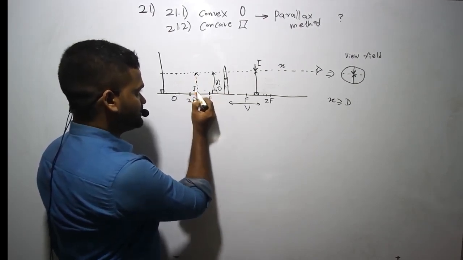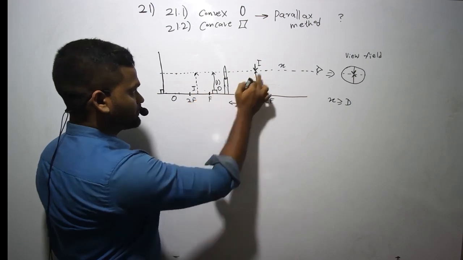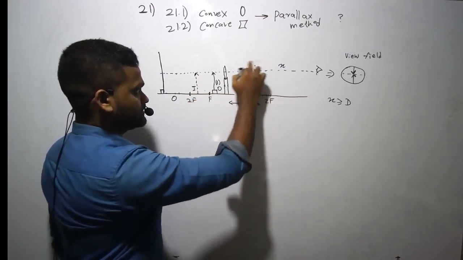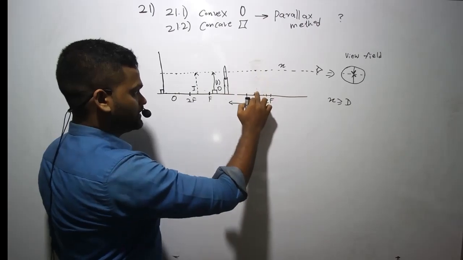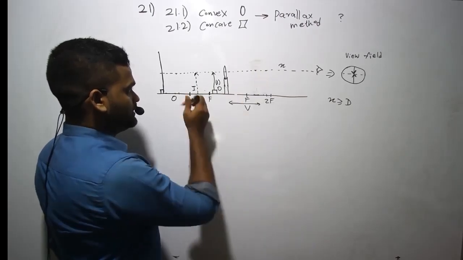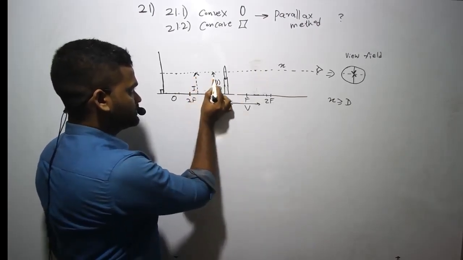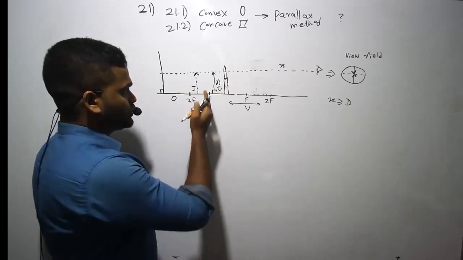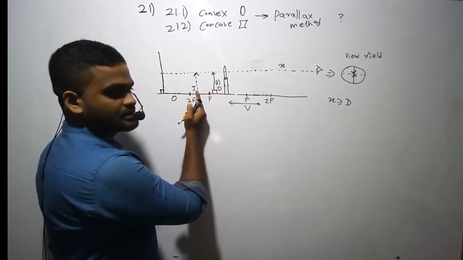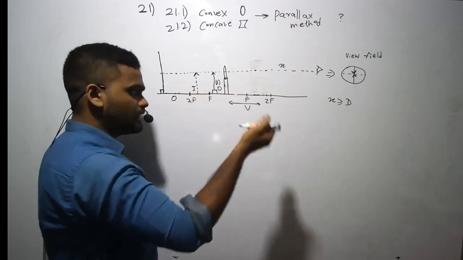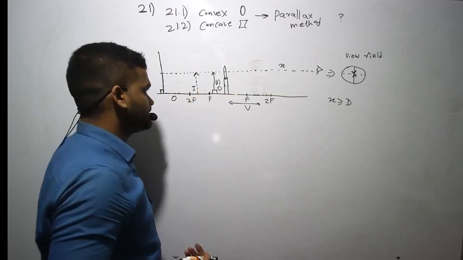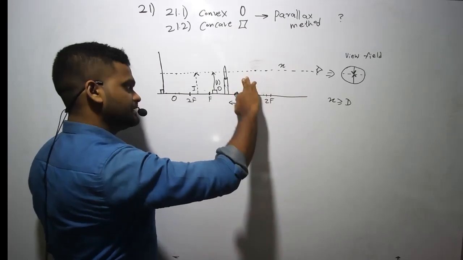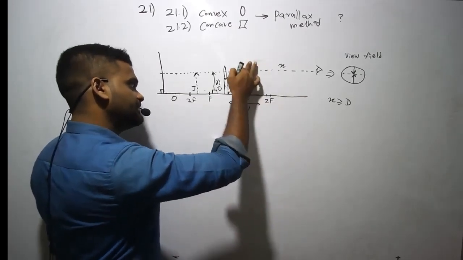So the image is here, formed like this. To locate it, you have to follow a different procedure. Actually the same procedure, but somewhat different from the previous case.